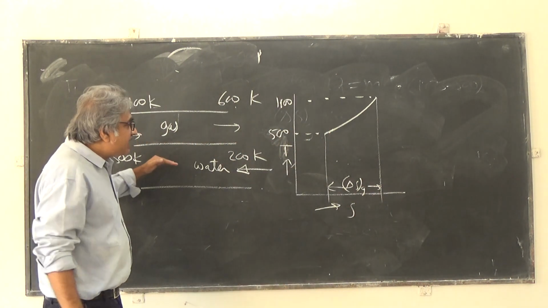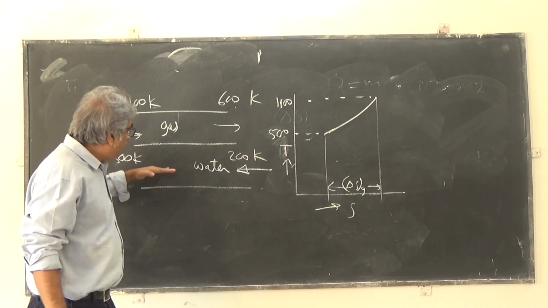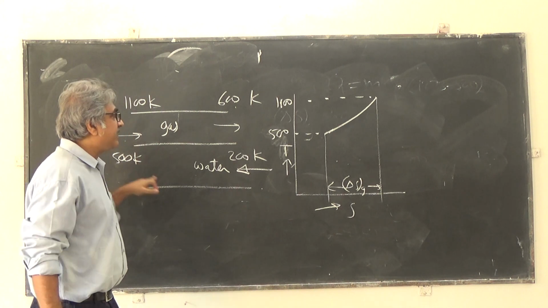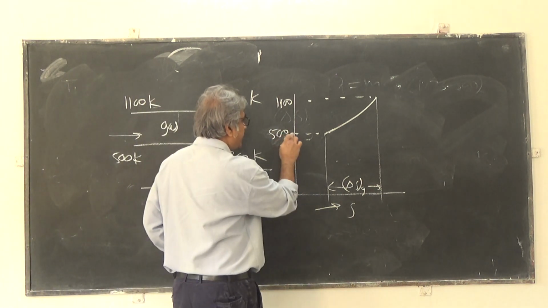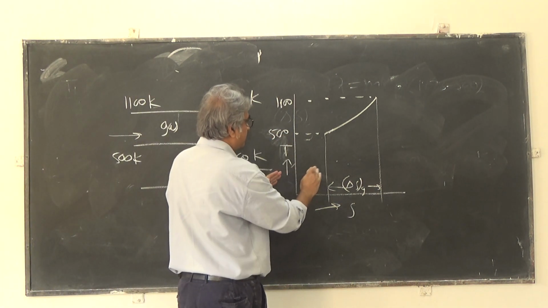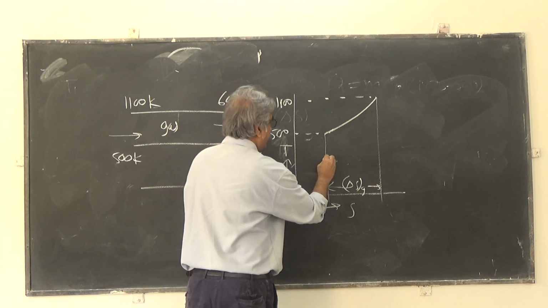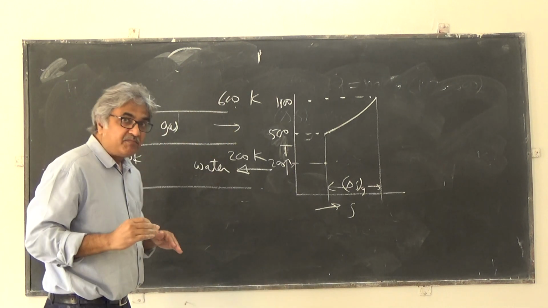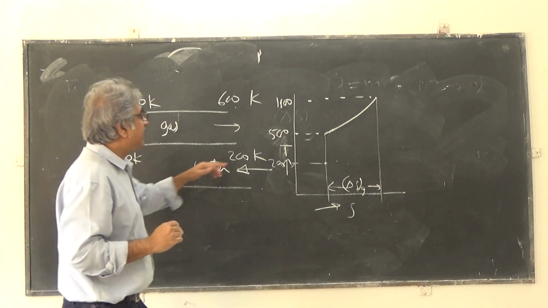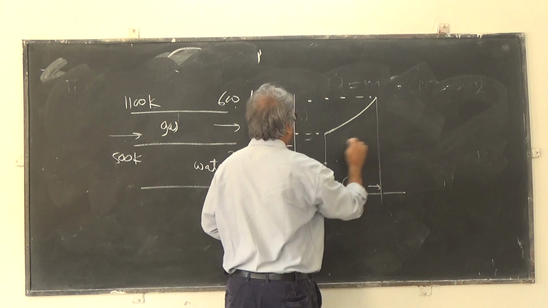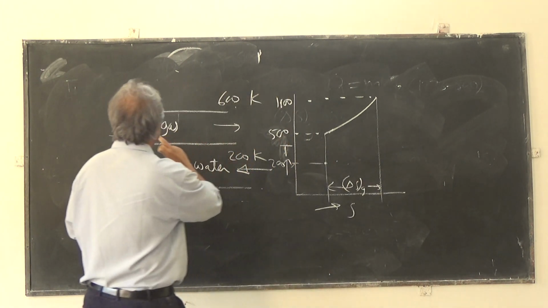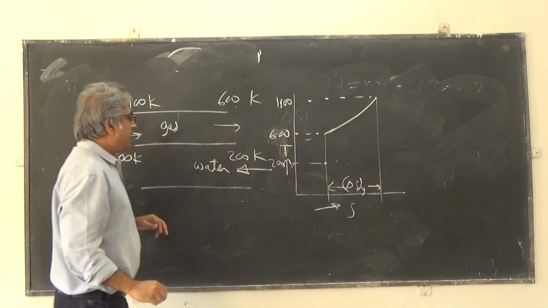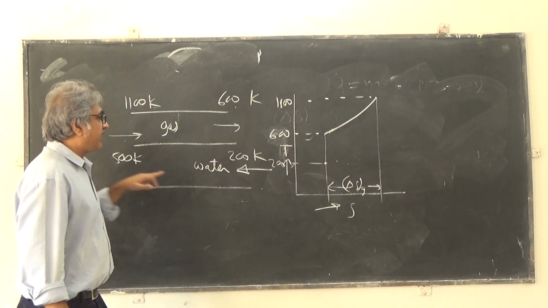Okay. Now let's show that for water. What will happen to water? Water is heated from 200 to 500. Okay. So let's say this is 500. I'll say some value will start say here. Let's say here this is 200, and it is heated from 200 to 500. So the temperature, this was 600. Sorry, this was 600, and it is heated from 200 to 500.